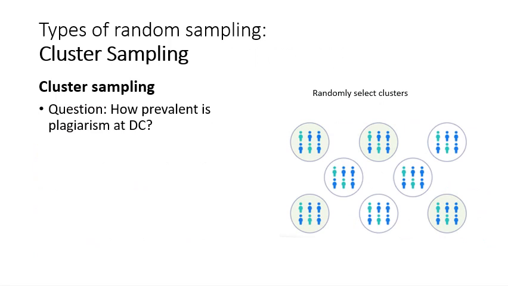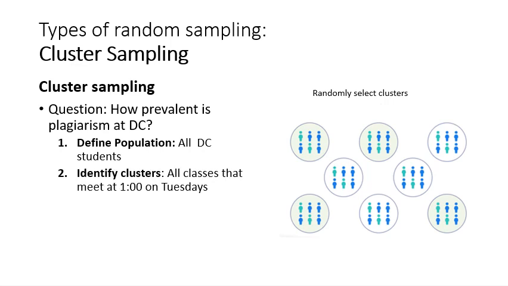Another type of random sampling is cluster sampling. And so again, if we're looking at how prevalent is plagiarism at DC, well, we might define our population again, and then we might identify clusters. And so let's say all classes that meet at 1 o'clock on Tuesdays, and each of those classes would be a cluster. So this would be a cluster, this would be a cluster, this.